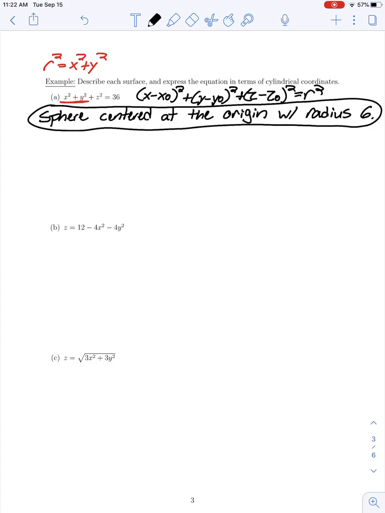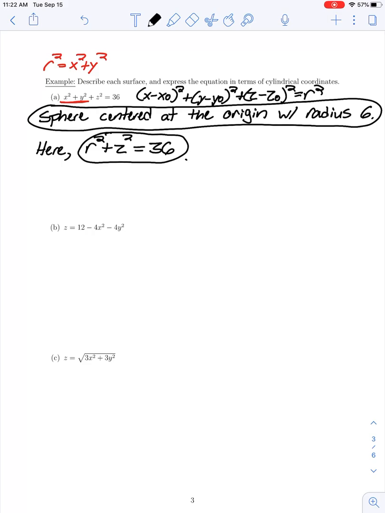So this equation could be rewritten as r squared plus z squared is equal to 36. So now this involves only the cylindrical coordinates r and z.